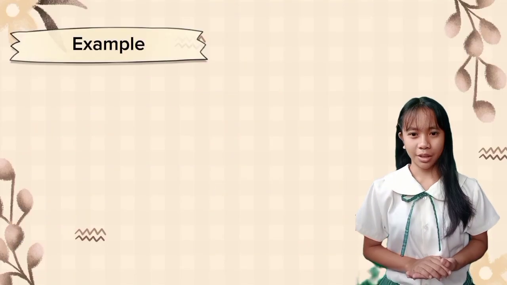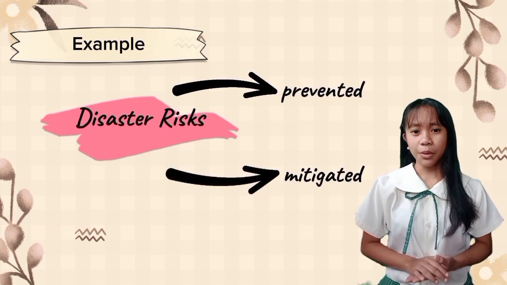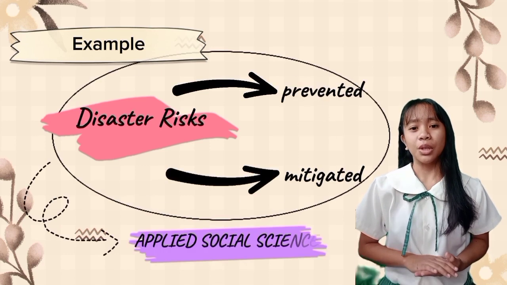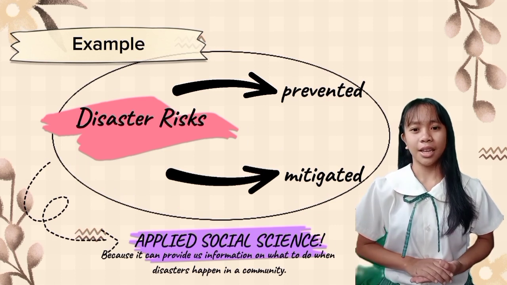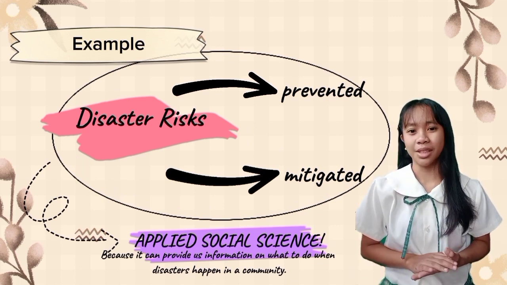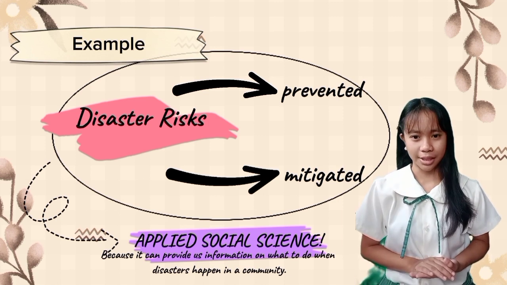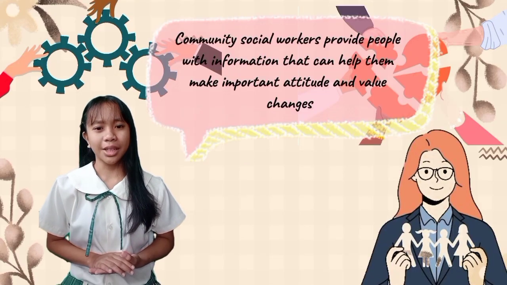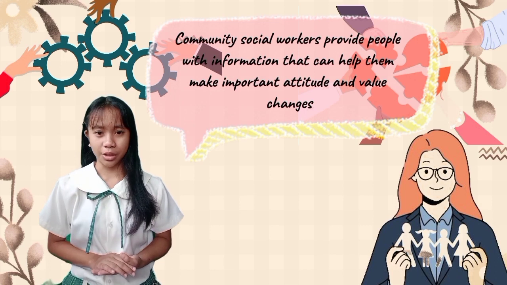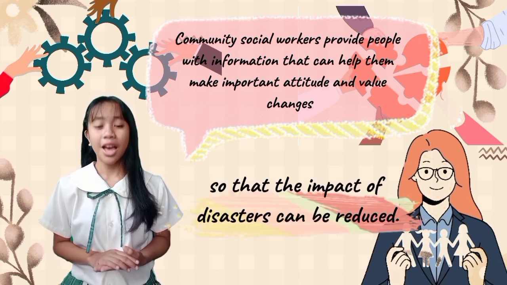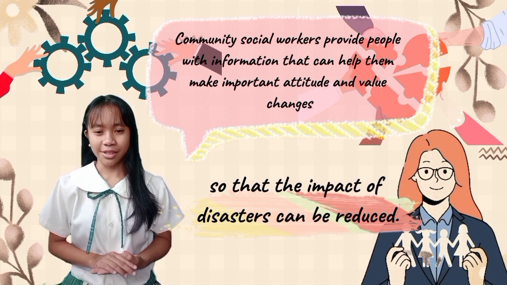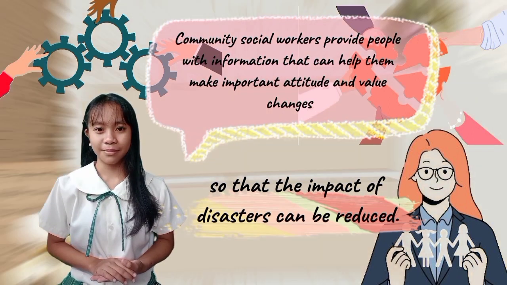For example, risk of disasters can be prevented and mitigated through the use of applied social sciences because it can provide us information on what to do when disasters happen in a community. Community social workers provide people with information that can help them make important attitude and value changes so that the impact of disasters can be reduced.